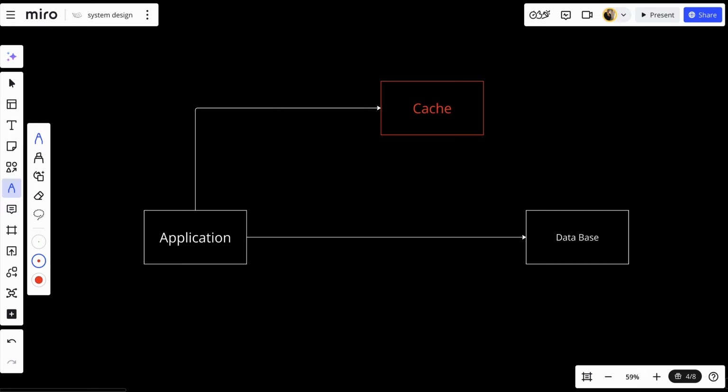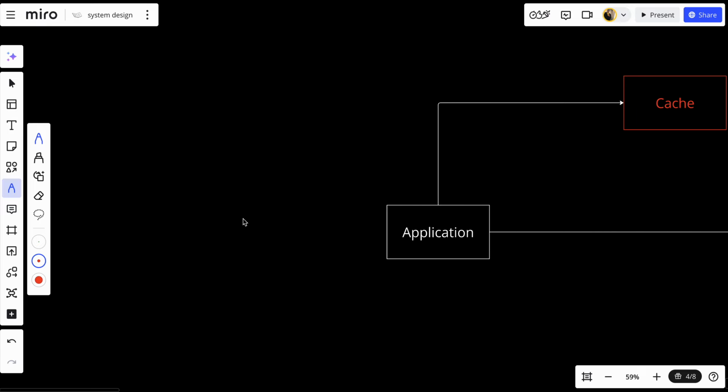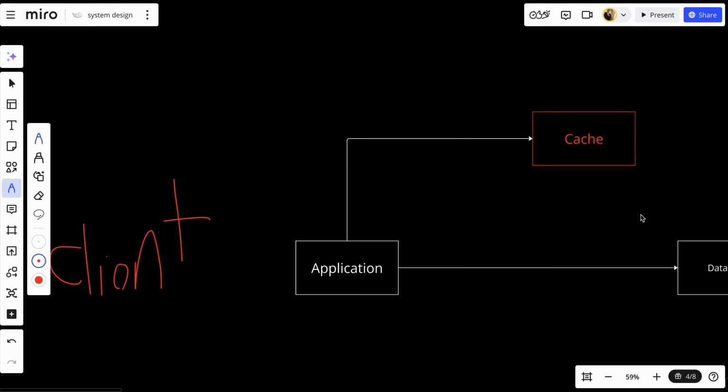First, the application checks the cache to see if the data is available. So let's say the client tries to read a specific product. First, the application will send the request to the cache. If the data is found, if we have a cache hit, the data is read and returned to the client from the application.